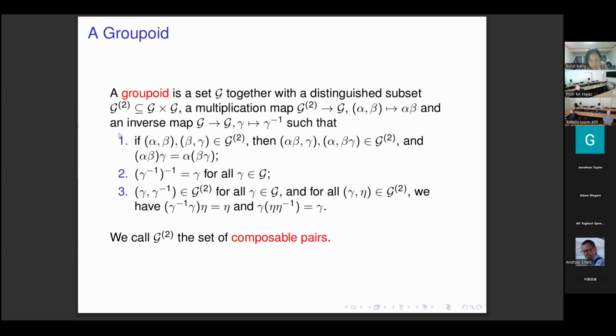And the main rules are, first, associativity: you can combine elements in any order as long as the products are defined. Second, every element has an inverse. And the third one says that combining an element with its inverse gives a consistent result. So we call the set G2 the set of composable pairs.